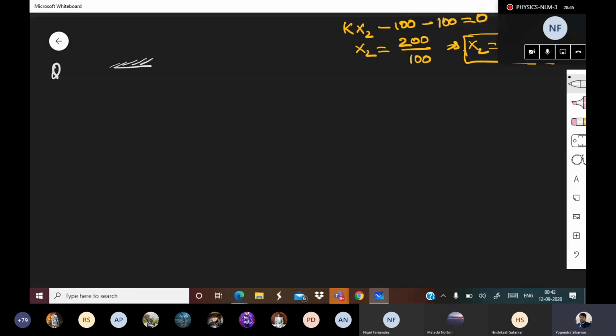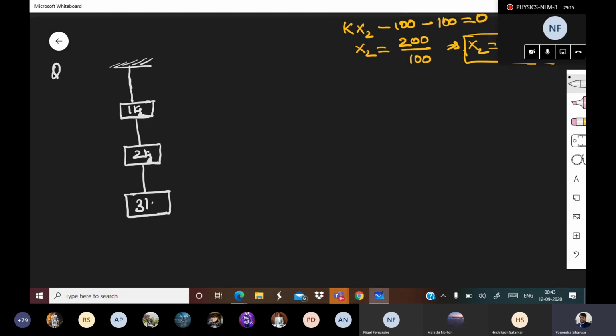If you remember, in the last class I gave you a question based on strings and masses, correct? I hope the question was something like this. This is 1 kg, this is 2 kg, and this is 3 kg.